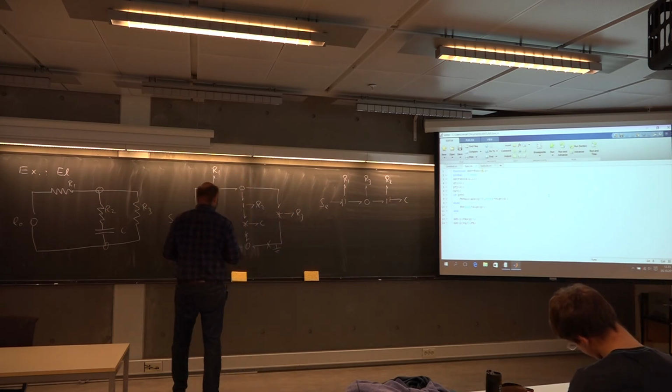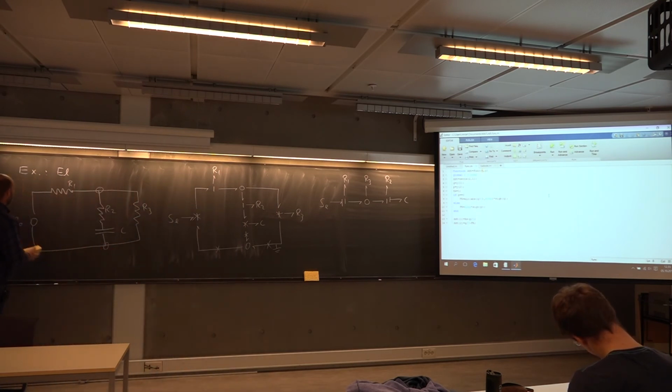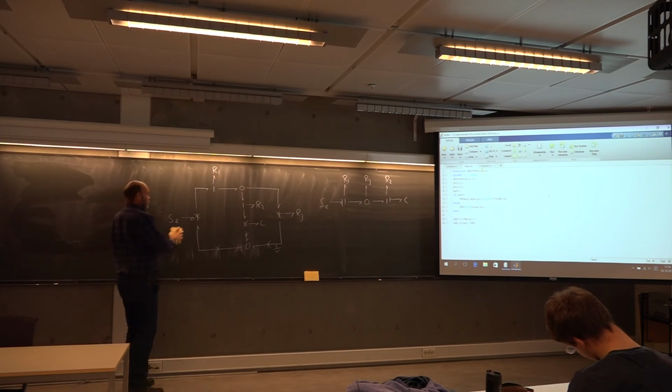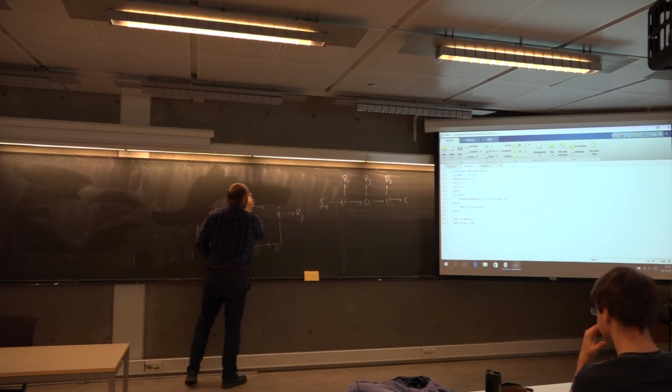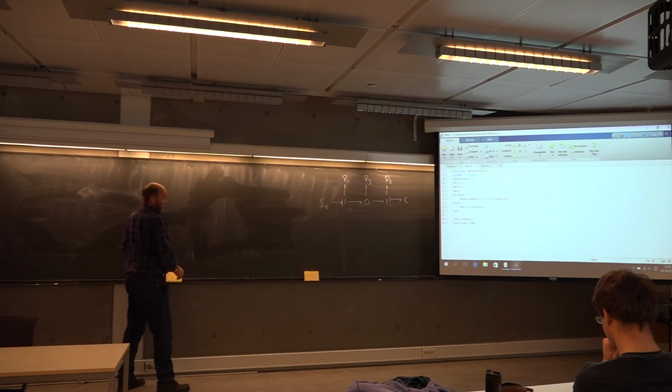This is then what we call an under-causal system. And for under-causal systems, what was the solution? Well, you add a virtual element, a virtual C or a virtual I. And where should you add it? Well, a virtual I element will have the causal stroke away from the junction.